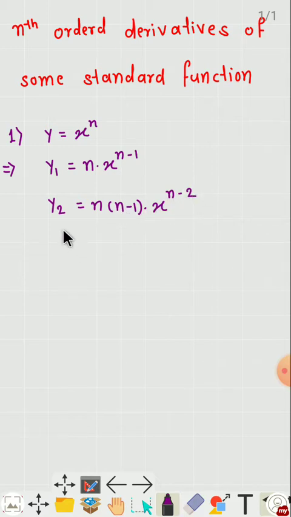This is the second order derivative. Now let us find the third order derivative y3. y3 is the derivative of the second order derivative, so n into n minus 1 into n minus 2 into x raised to the power n minus 3.